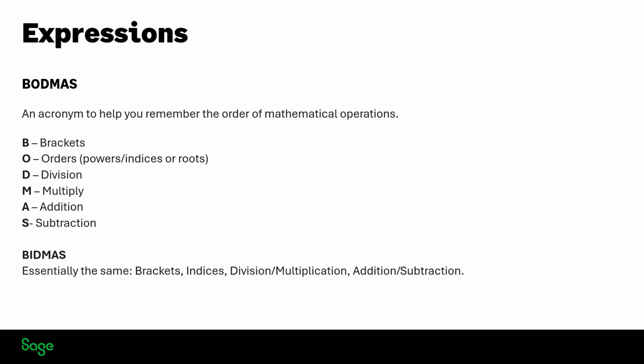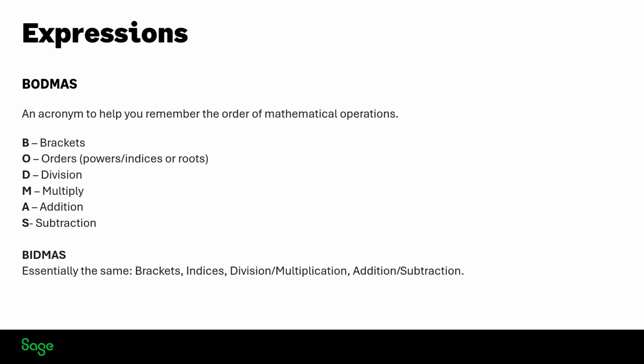So you would do anything within brackets first, then orders, so powers, indices, roots, then division, multiply, addition, and subtraction. So just the abbreviation of BODMAS. If you've got children, or if you're thinking back to your school days, it was probably BODMAS. If you're anywhere near the same age as me, if you're a bit younger, you might have come across BIDMAS, which is essentially the same thing. So just brackets, indices, division, multiplication, addition, subtraction.